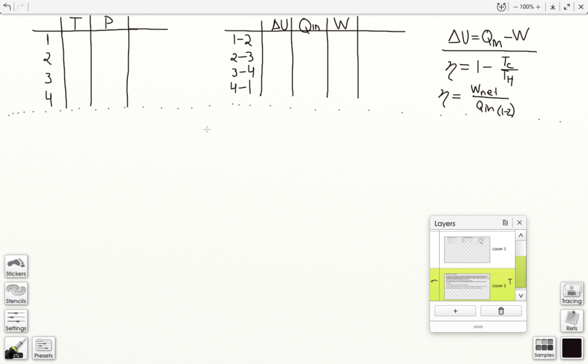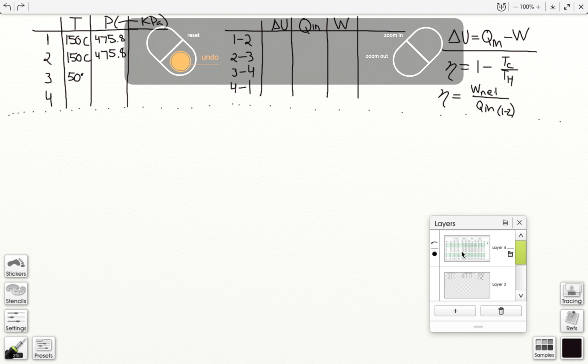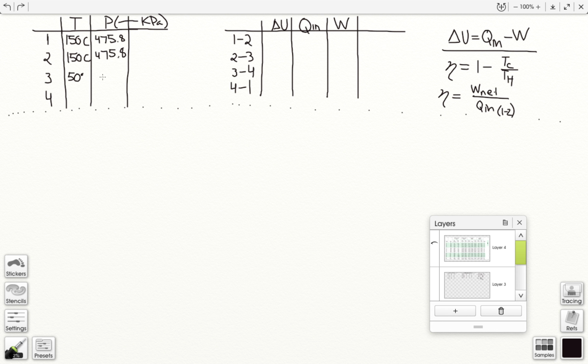So here we are at 12.35 kilopascals. Now again, the process from 3 to 4 is also an isothermal process. So at state 4, we're at 50 degrees Celsius and also at 12.35 kilopascals.